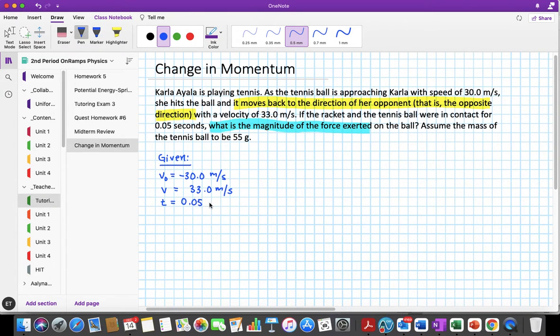Now for these problems, guys, if you want to write down the time of contact by delta t, that is perfectly fine because we're assuming time initial to be 0 when the contact starts, and then when they're no longer in contact, that's the final one. So delta t is still 0.05 seconds.